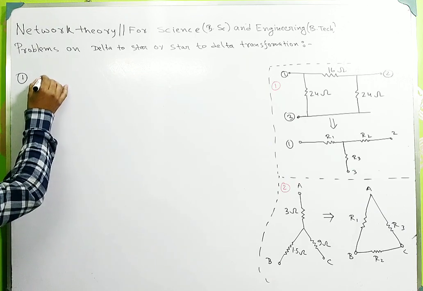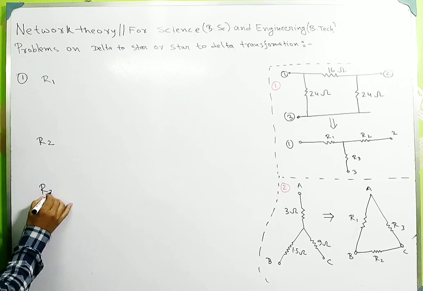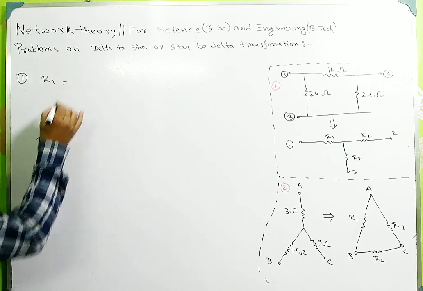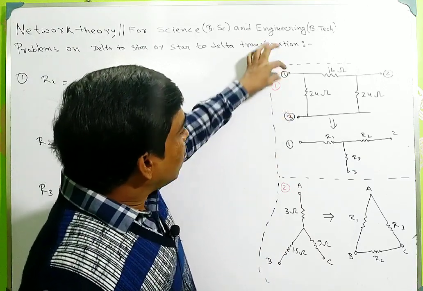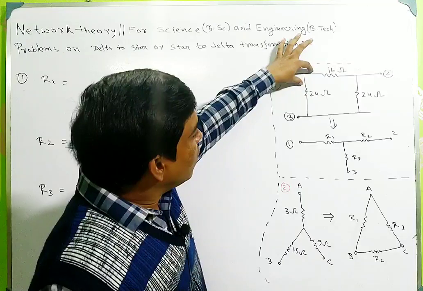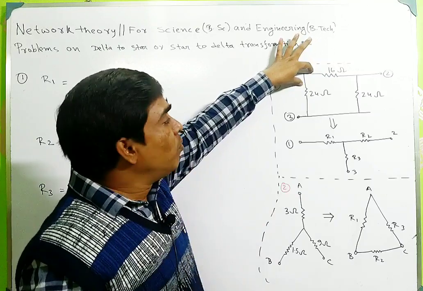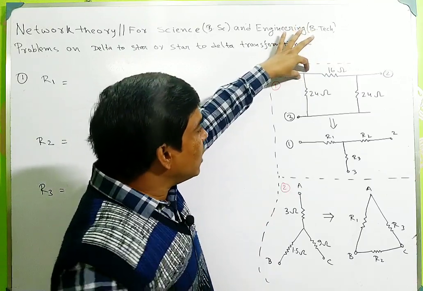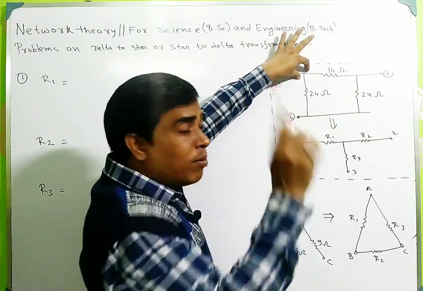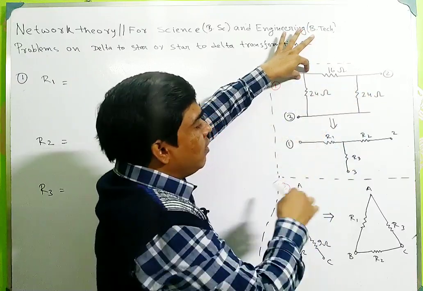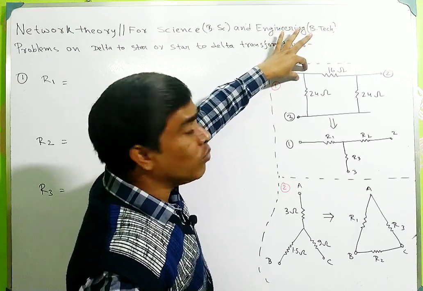R1, R2 and R3. In that formula we have reduced it in this way: multiply the two resistances adjacent to the node, divided by the sum of these three resistances. This is node 1.